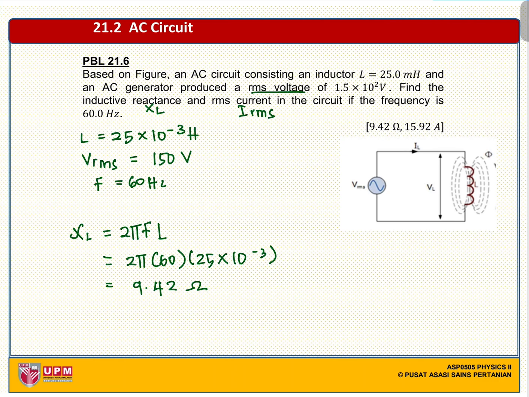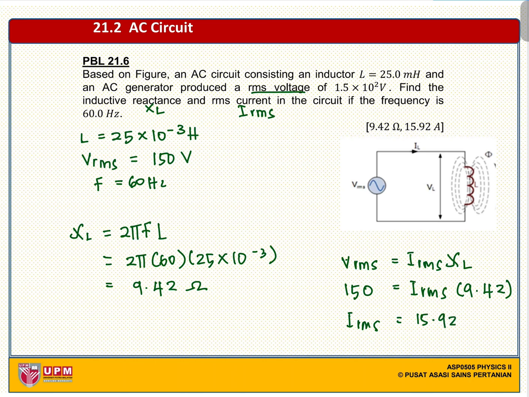Dan untuk cari IRMS, you can use VRMS of the source equal to IRMS darab dengan XL. So your VRMS is 150. Kita nak IRMS. So XL awak adalah 9.42. So you will get here your IRMS sebanyak 15.92 ampere.